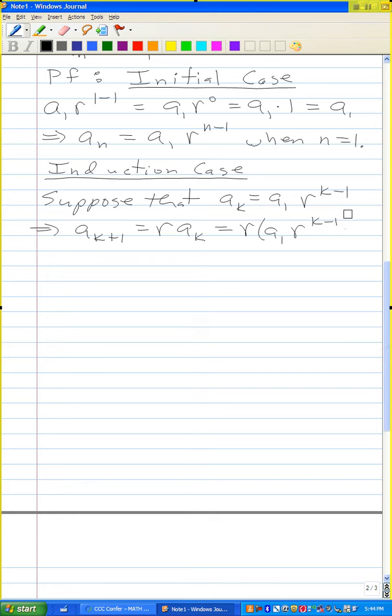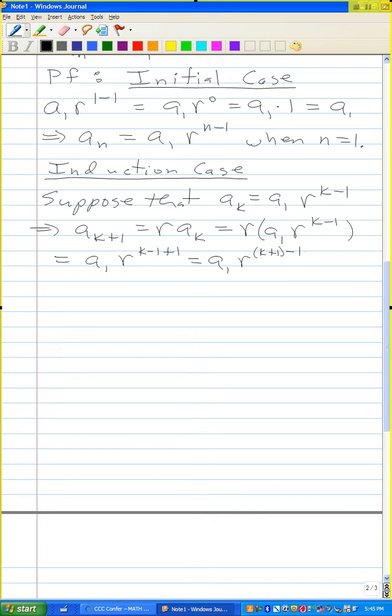So by the properties of exponents, this is equal to a1 r to the k minus 1 plus 1, which by the commutative property of addition is k plus 1 minus 1.